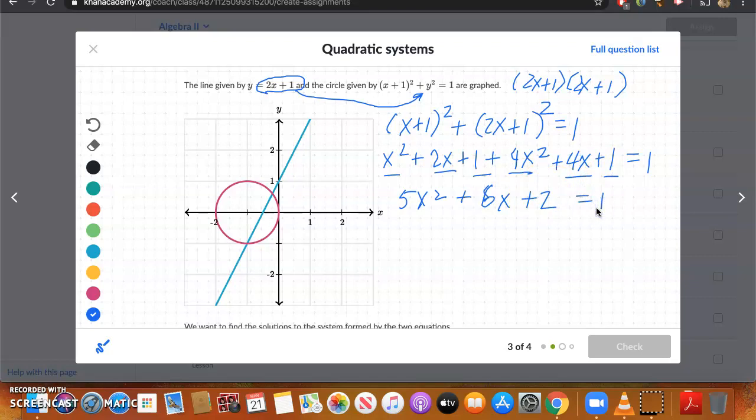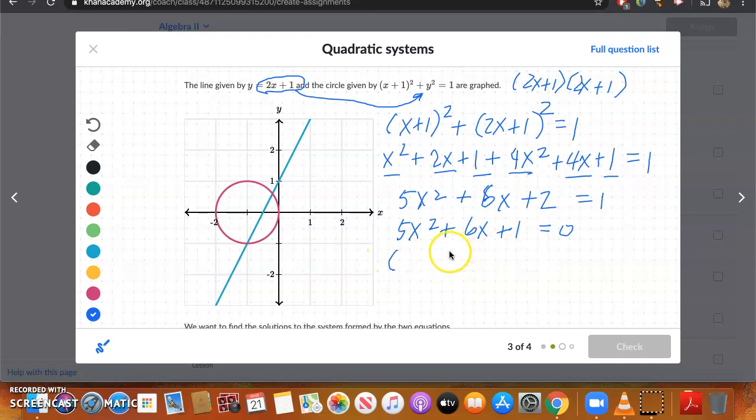Now, this is a quadratic equation, and we solve a quadratic by getting everything on one side of the equation and 0 on the other. So we have 5x squared plus 6x, and if we subtract the 1 from both sides, I get plus 1 equals 0.